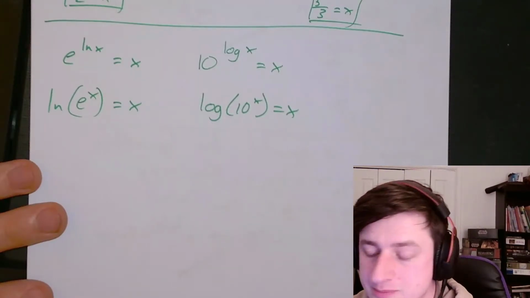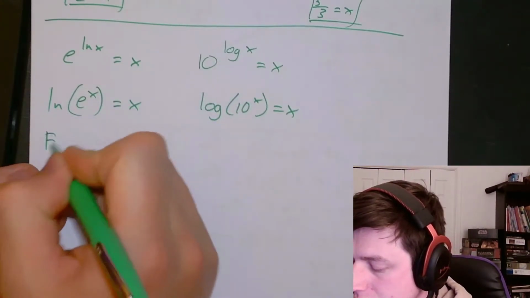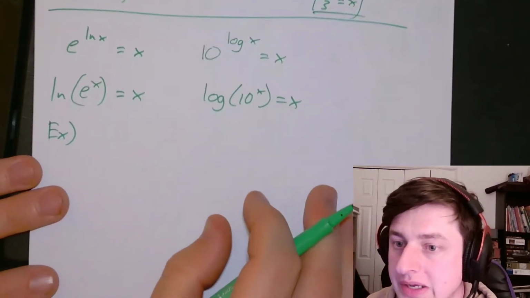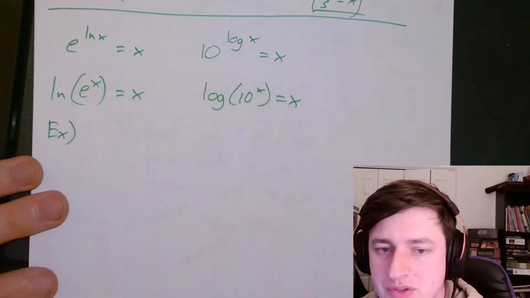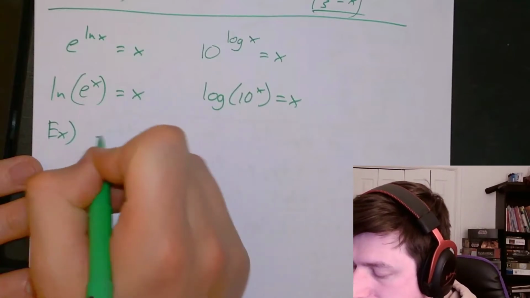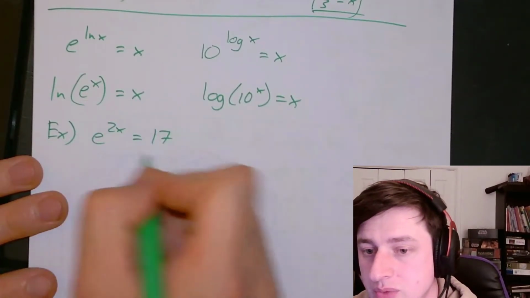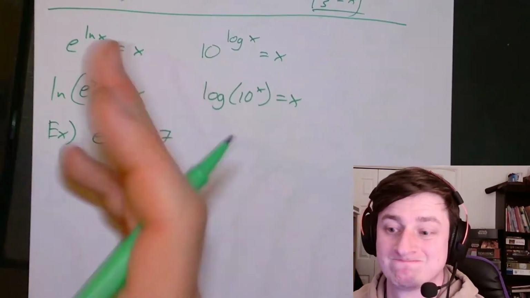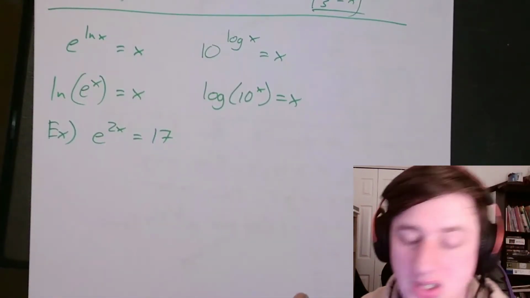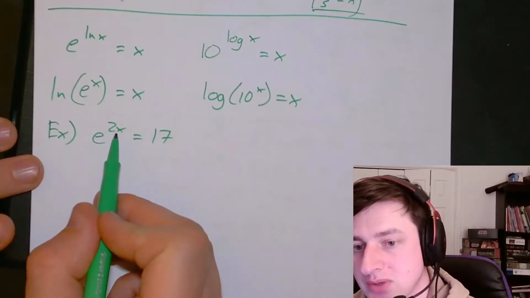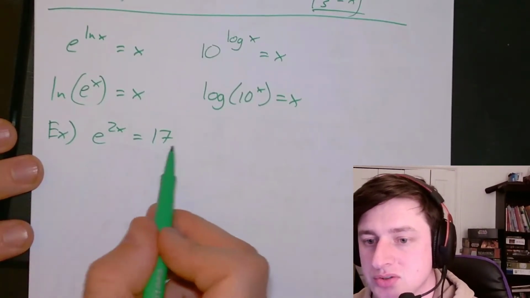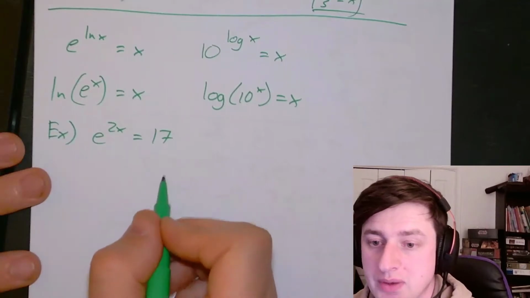So what does that look like? Well, these are all problems you could rearrange, but they might be easier to solve this way. Like e to the 2x is 17. I can rearrange this into a logarithm using our rearranging technique. I've got the exponent, that's what the logarithm equals. I got the base, that goes in the base, this goes inside the logarithm. We could rewrite it that way.